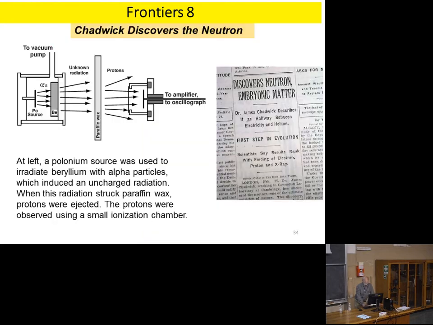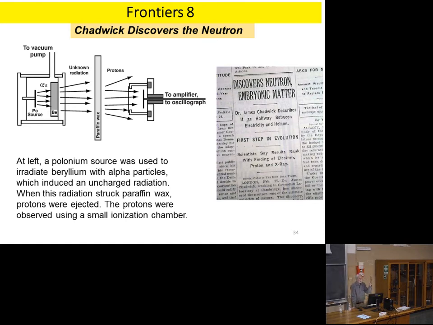And then Chadwick came along and he did this experiment here. He used a polonium source that made alpha rays, alpha particles. And those alpha particles were then incident on a beryllium target. And out of the beryllium target, some unknown radiation came out, which were neutrons, but he didn't know that.